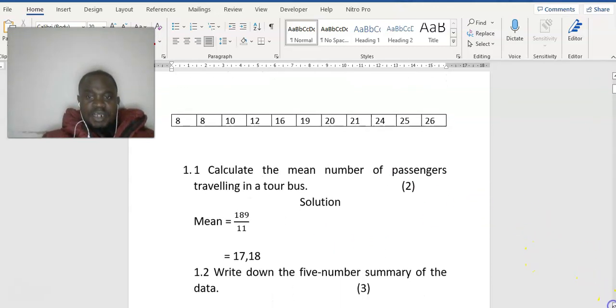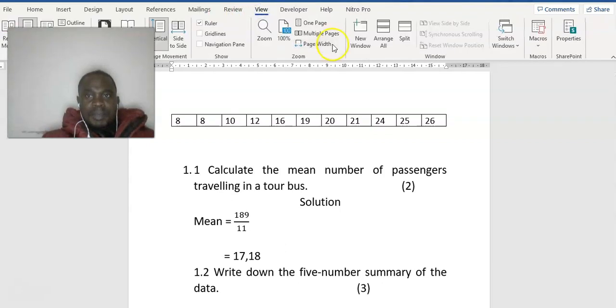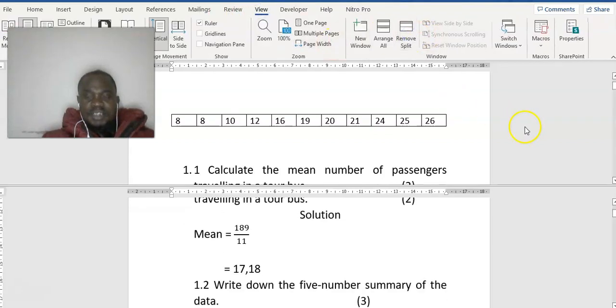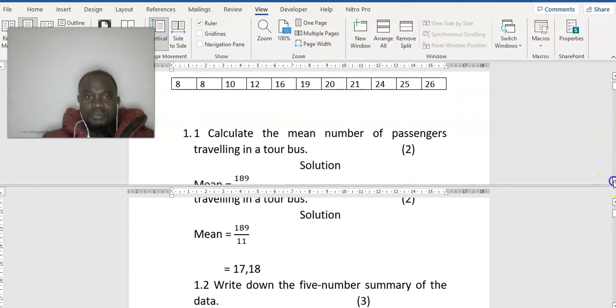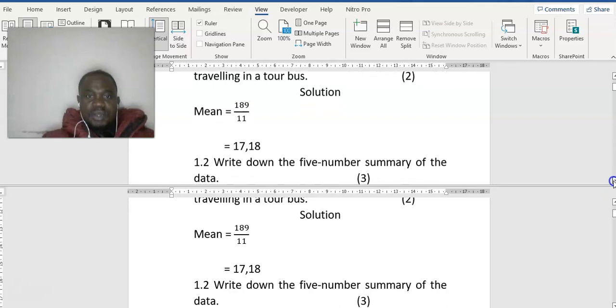Okay, let's move on to the next question, which says we should write down the 5 number summary of the data. But before that, let me split this into 2. We are done with the first one.